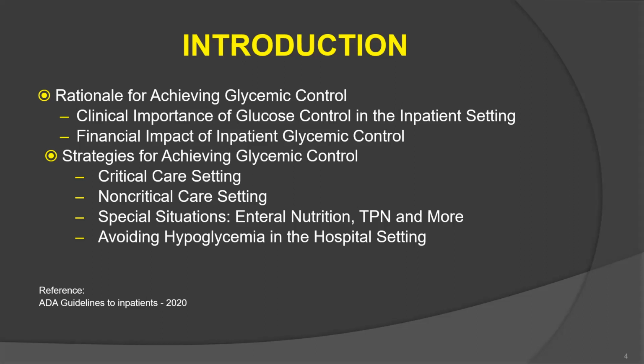It can be a critical care setting, which has a different management strategy, or a non-critical care setting, or special situations like enteral nutrition, total parenteral nutrition, and more, like patients on steroids or on infusions. And then finally, we want good glycemic control, but we have to avoid hypoglycemia in the hospital setting.